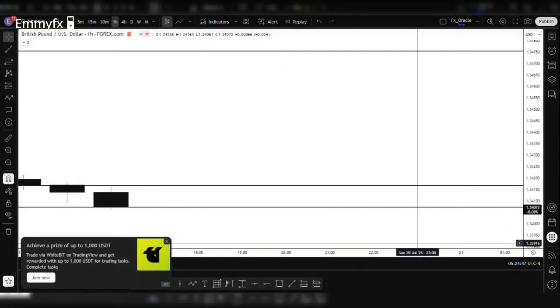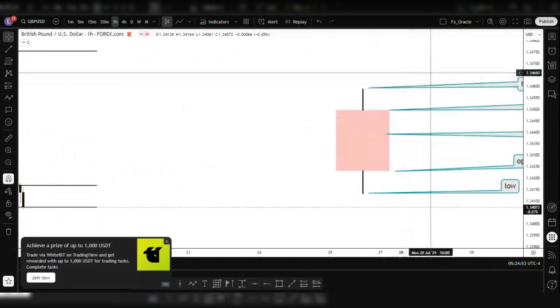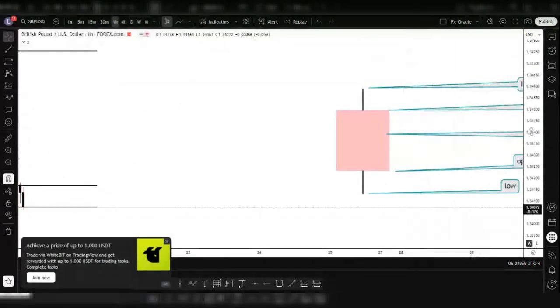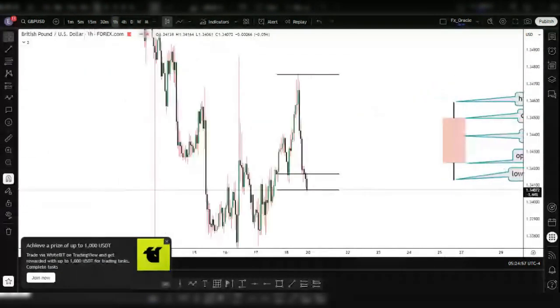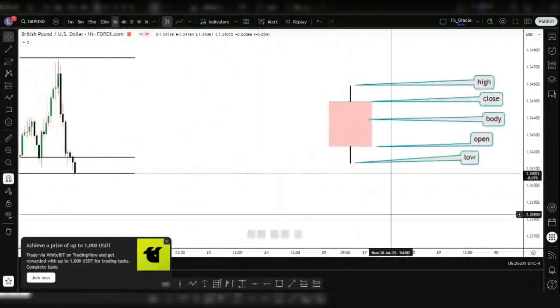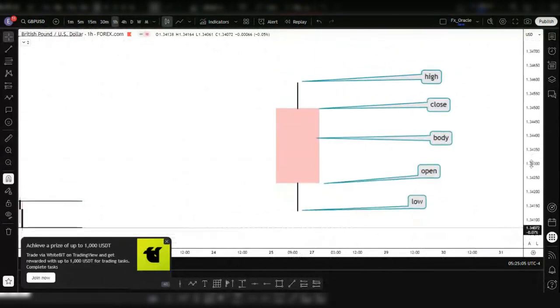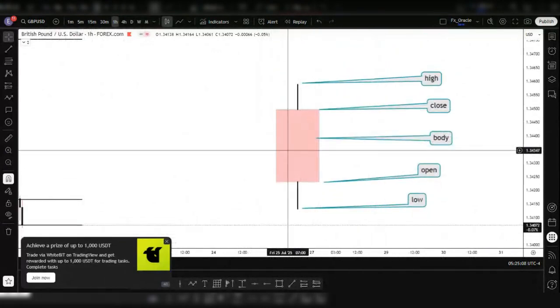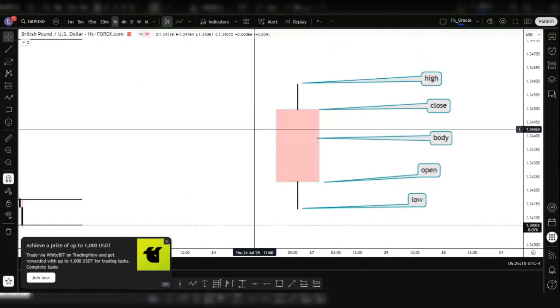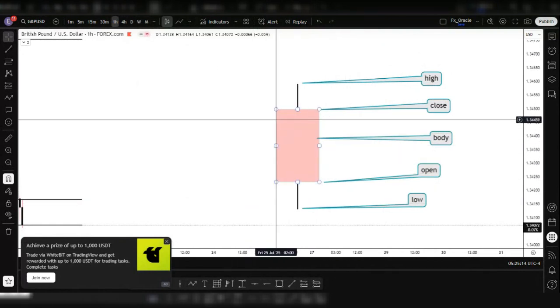Let me show you guys something. All right. So now, looking at this candlestick, you can see that this is just the formation of the candle. Now, after the candle is formed this way, we have the different types of candle.